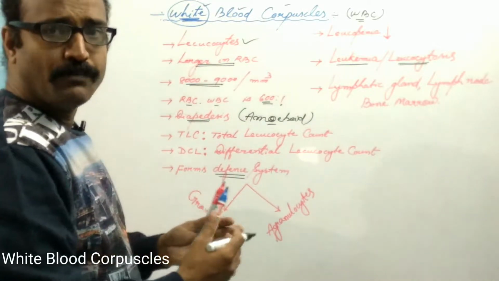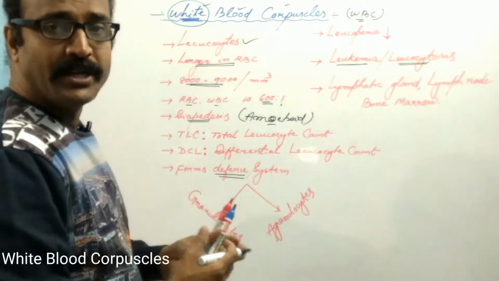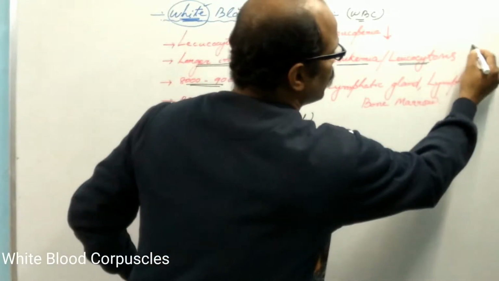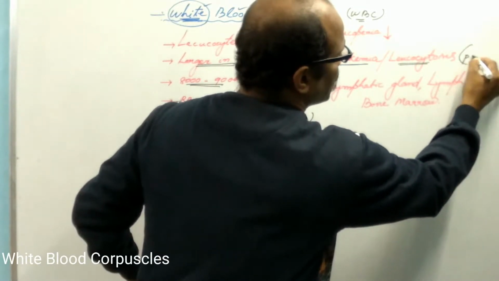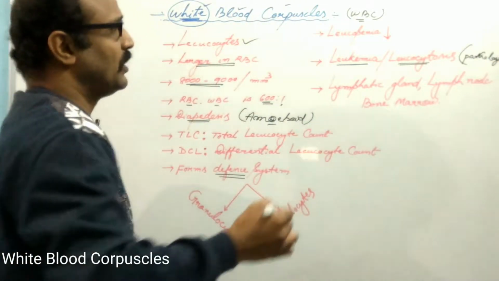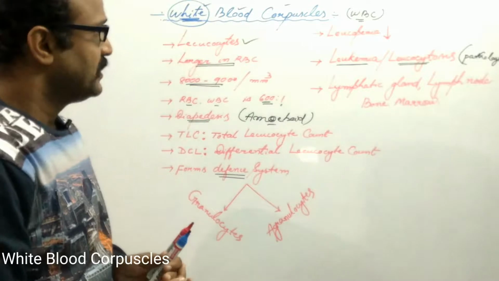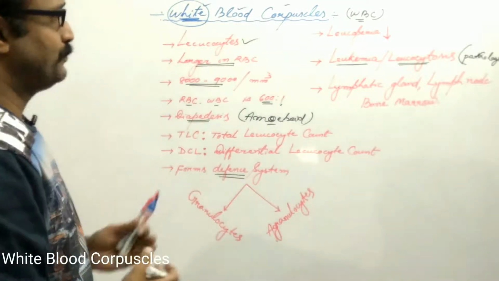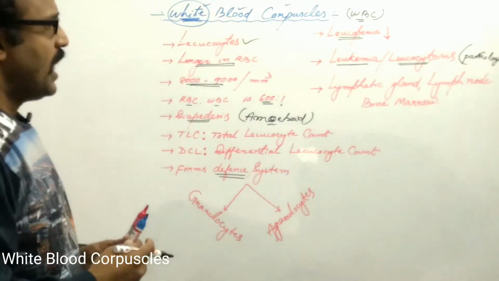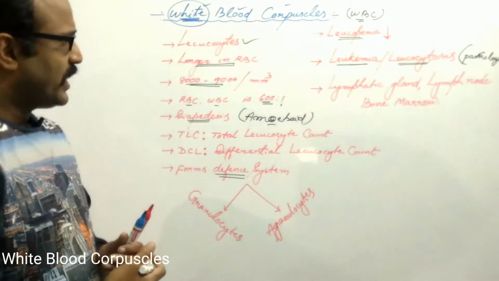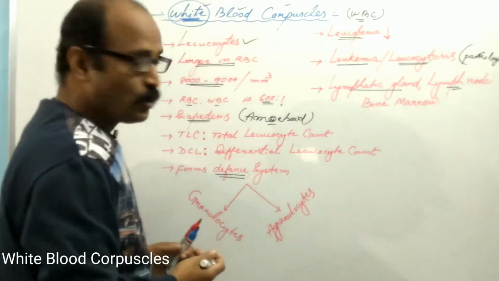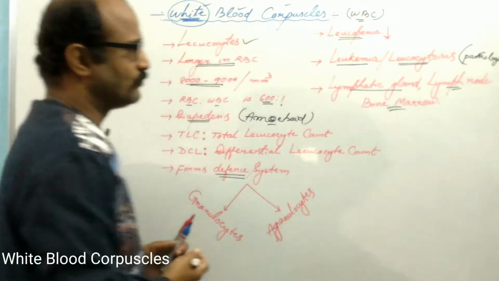Leukocytosis means the count of leukocytes per unit blood becomes increased, and it occurs only in pathological conditions. The decreasing of leukocyte count is known as leukopenia. And such leukocytes are formed in lymphatic glands, lymph nodes, and bone marrow also.